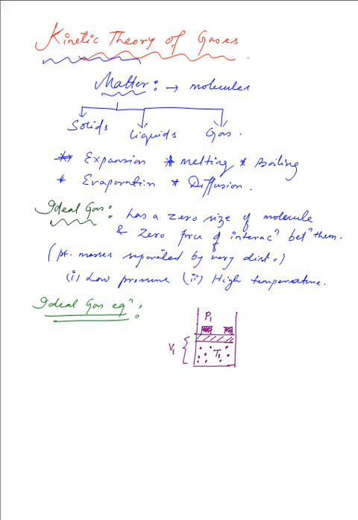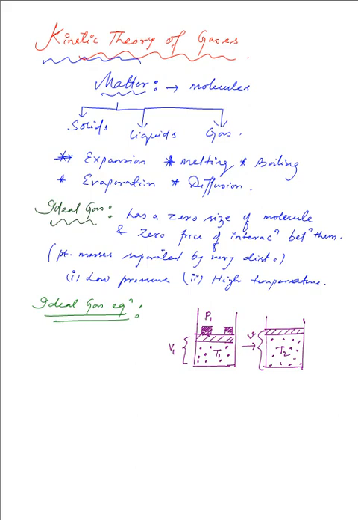Now in case we further increase the temperature, let us say, so we go from this to this case where the temperature has been changed to T2, and as a result there has been a change in volume, and let that volume supposedly be small v for now.